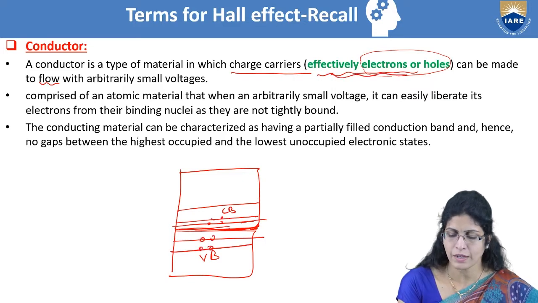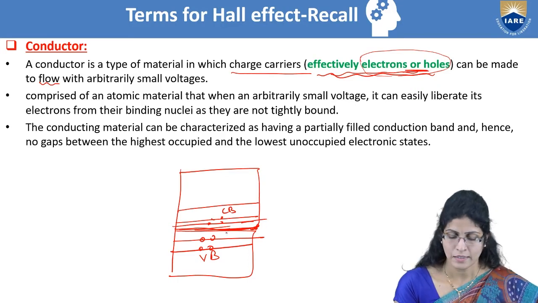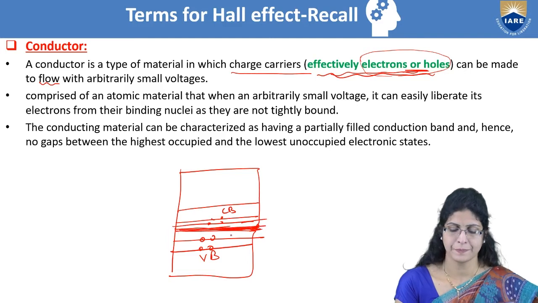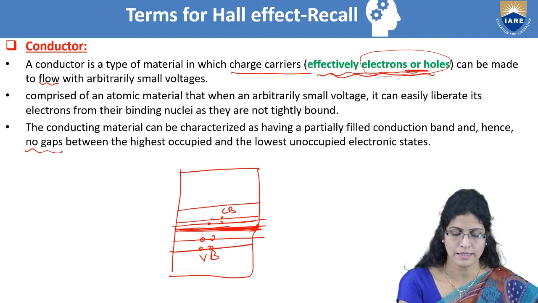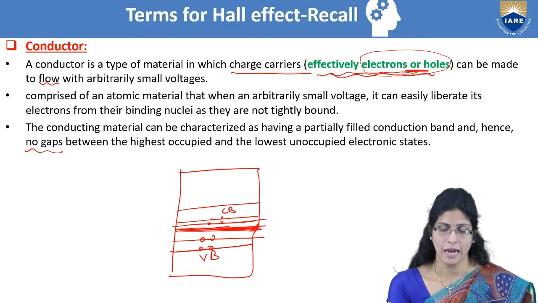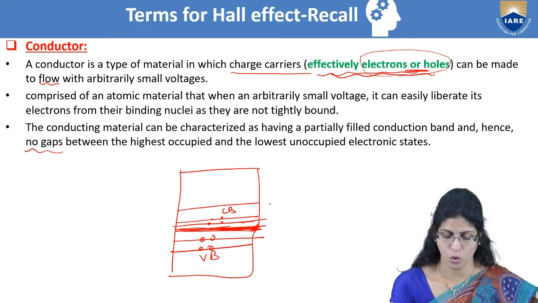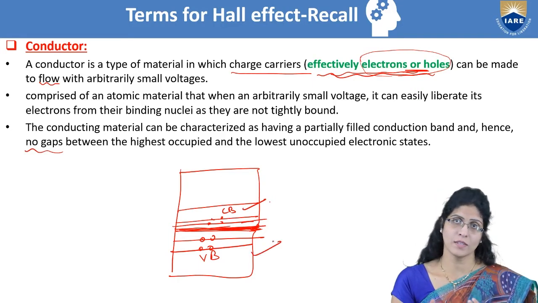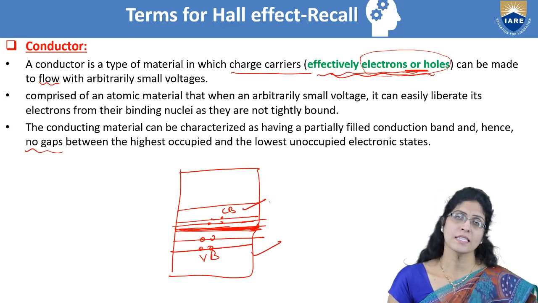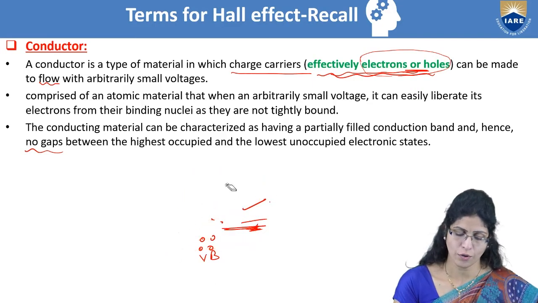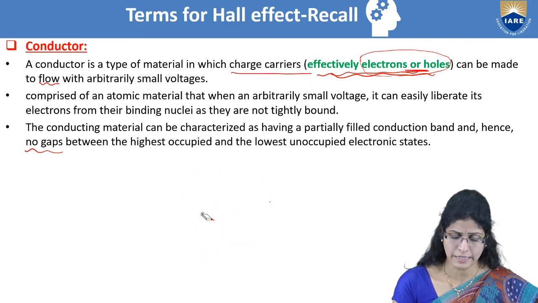That's the reason why we said effectively electrons or holes. And now you can't see any gap in the middle. There is no gap between the highest occupied and the lowest unoccupied level. So this is the basic structure of the conductor.